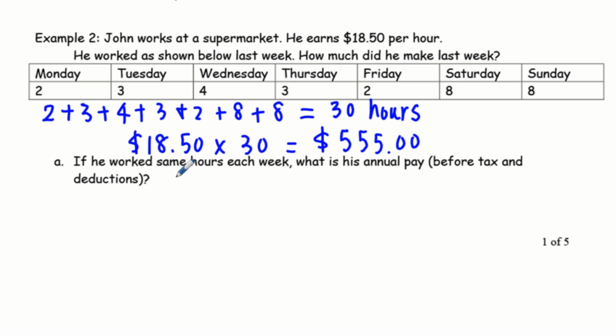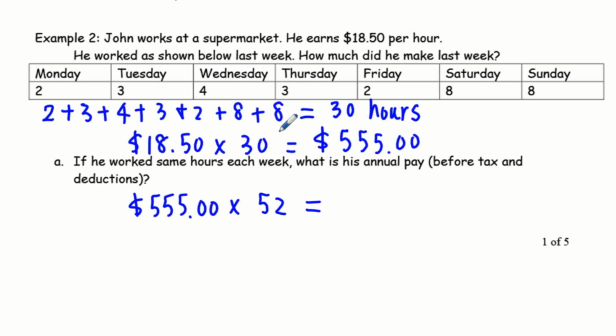Then after that, it asks you if he worked same hours each week, what's his annual pay. So this is 1 week. Then in 1 year, we have 52 weeks. So we are going to find the total earnings by using the unit price per week times number of weeks. So it's $555 times 52 weeks.